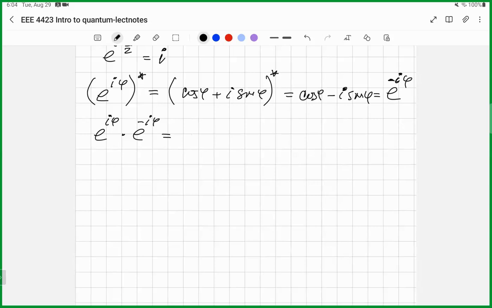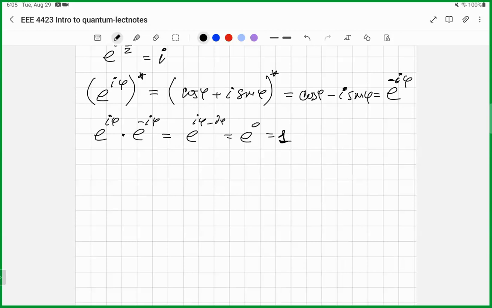In this case, because of the rule of the product of two exponential functions, we get e to the power of i phi minus i phi, which is e to the power of 0, which is 1. So we conclude that e to the power of i phi is a complex number with the length of 1.